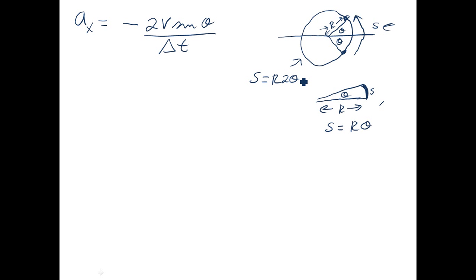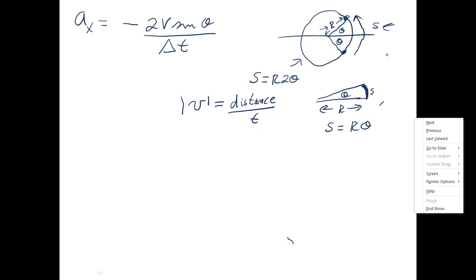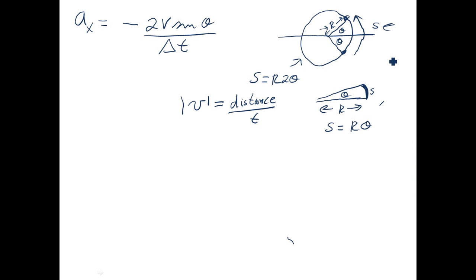Now one thing to notice, that speed, which let me just call the magnitude of the velocity, is a distance over a time. And remember how I mentioned on the last slide that it takes a certain time t to go this distance. That's what the t is that you see right over here.